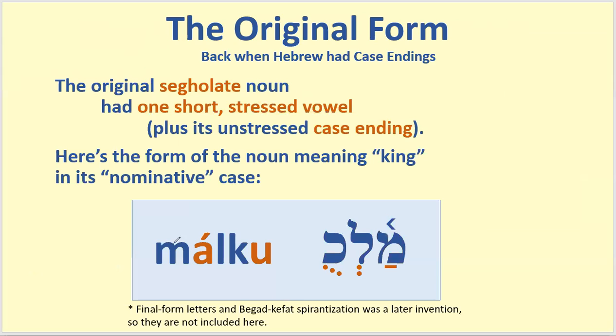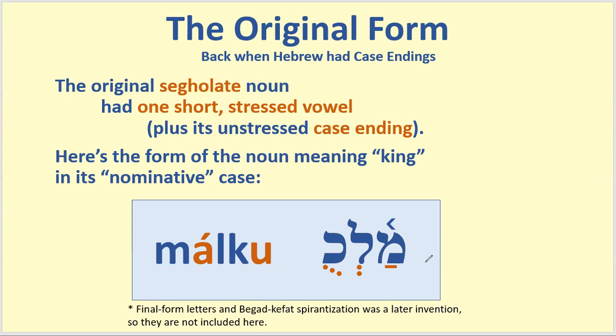The original form of a segolate had a short vowel that was stressed, and then its unstressed case ending formed the second syllable.